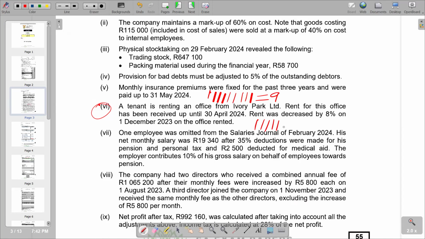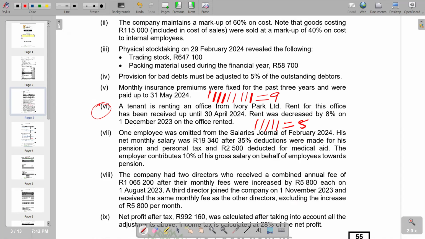So we've got 5 months after the decrease, including the 2 months that are outside the current financial period. Remember, they received up to 30 April, of which March and April are outside our financial period. So we need to find that rent that is outside the current period, and then we remove it.